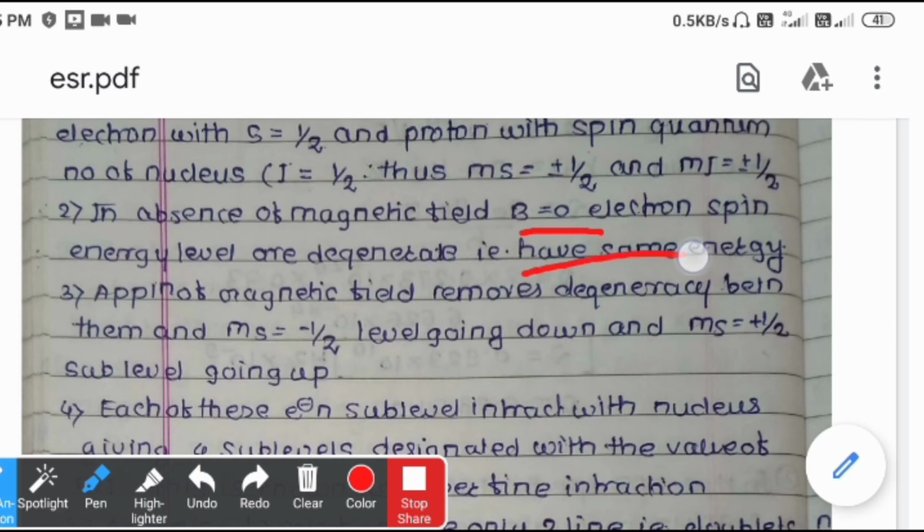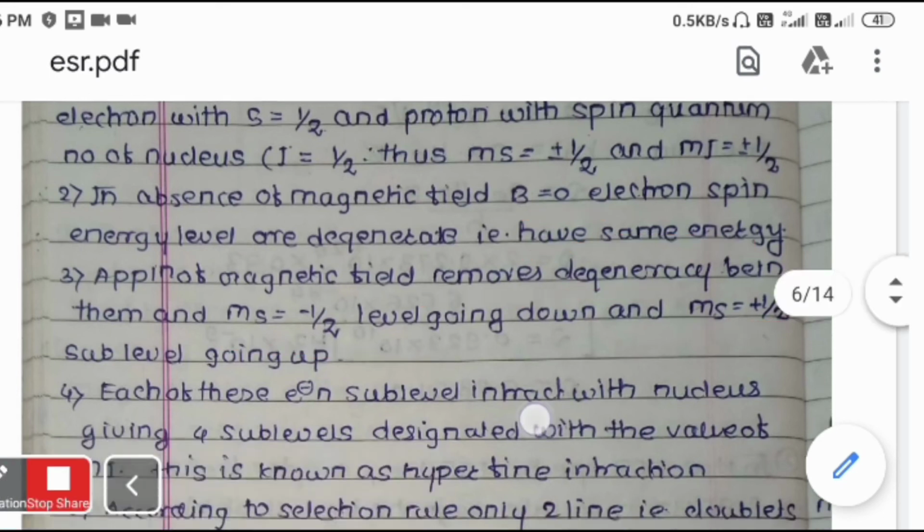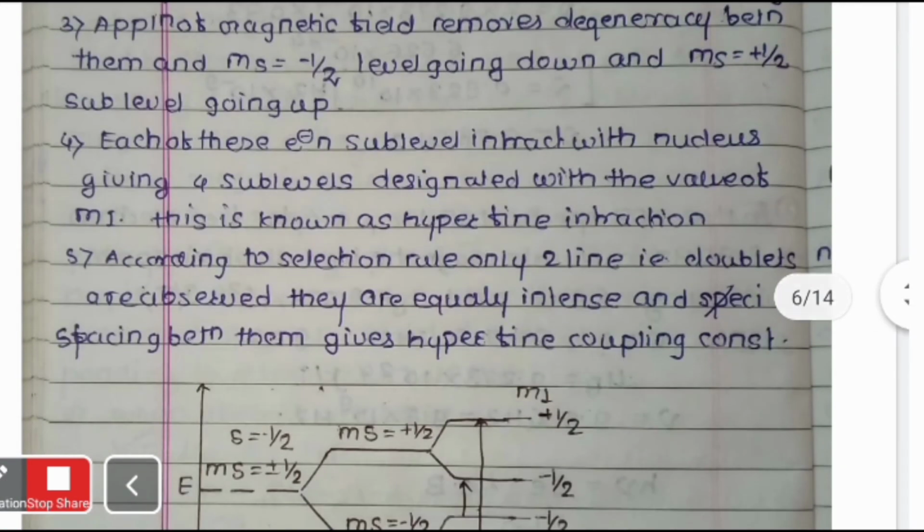That means they have the same energy; they are not split. But upon application of the external magnetic field, the degeneracy in the energy levels is removed, and hence an energy gap develops. The ms value of minus 1 by 2 goes to the downside, and the ms value of plus 1 by 2 goes to the upside. Now each of these electron levels then again interacts with the nucleus.